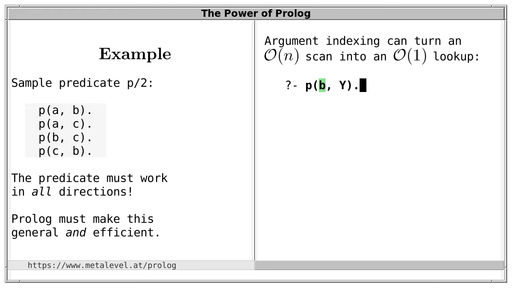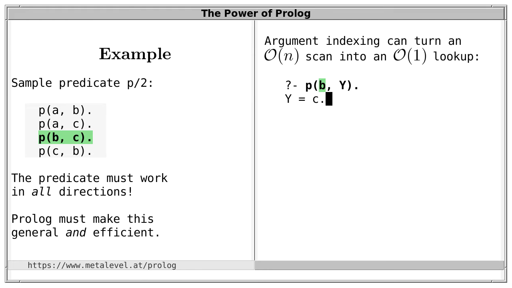Then in our sample program, there's only one applicable clause head, because there's only one clause where the first argument is b. So in our case, we can tell already from the clause heads that only one clause needs to be considered. And the Prolog system arrives at the same conclusion, because when we post this query, then we get a concrete solution. So the query succeeds with the substitution Y = c.